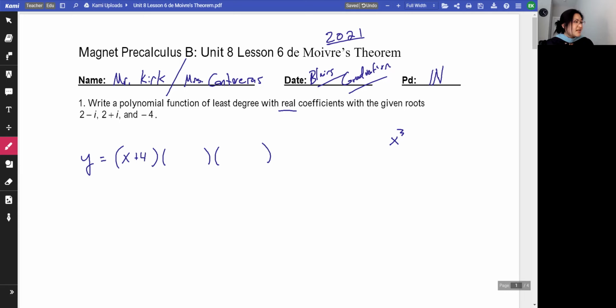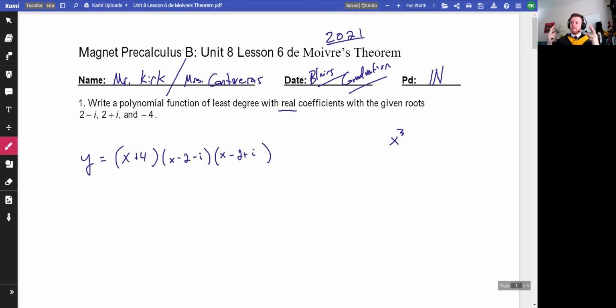So do we need an x squared happening? Maybe. So we have roots of 2 minus i and 2 plus i. But we need real coefficients. So can we put in x minus (2 minus i) and x minus (2 plus i) and then multiply it out to see if the i's go away?